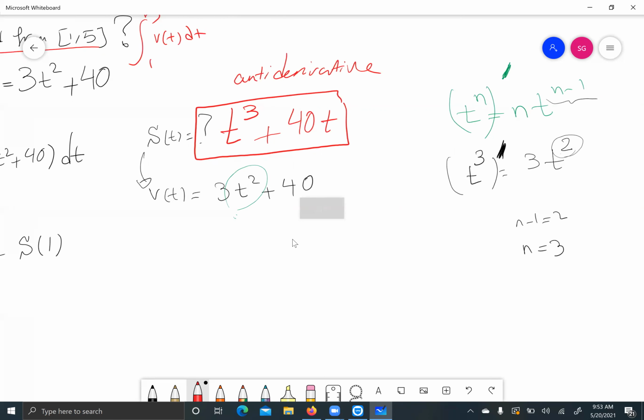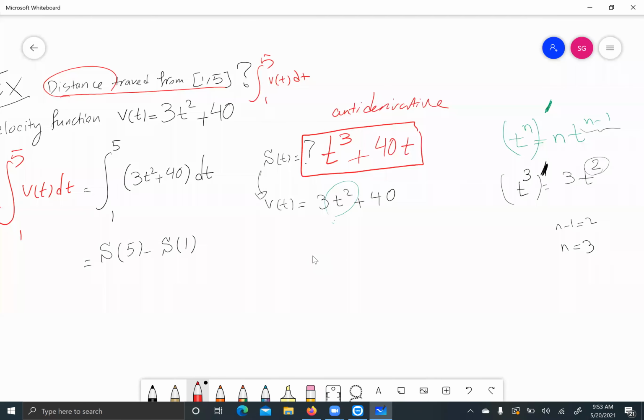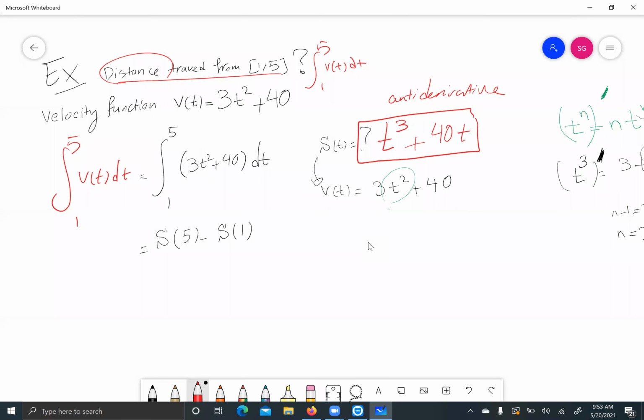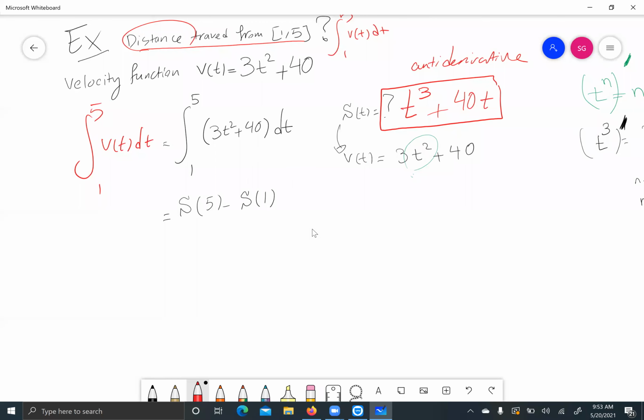So it's like undoing. You learned how to take the derivative, right? Now it's like undoing that process. You have the derivative, now figure out what the original function was, what the antiderivative was. Okay, so now we can say that we found s.